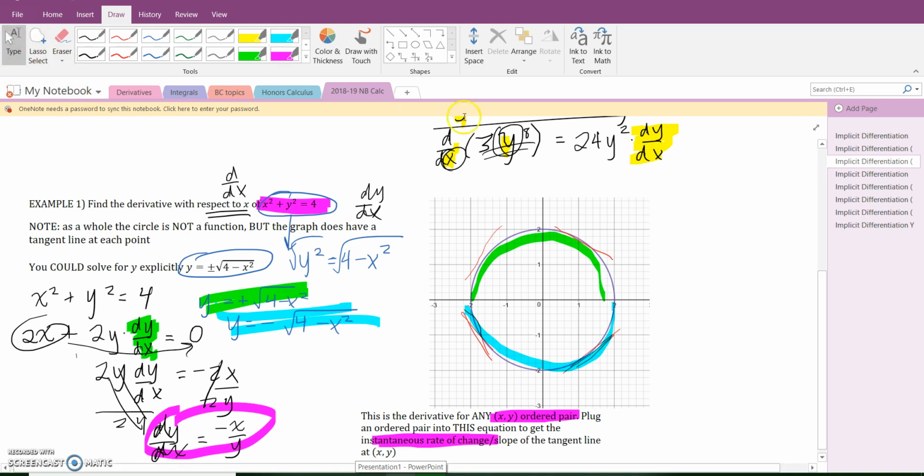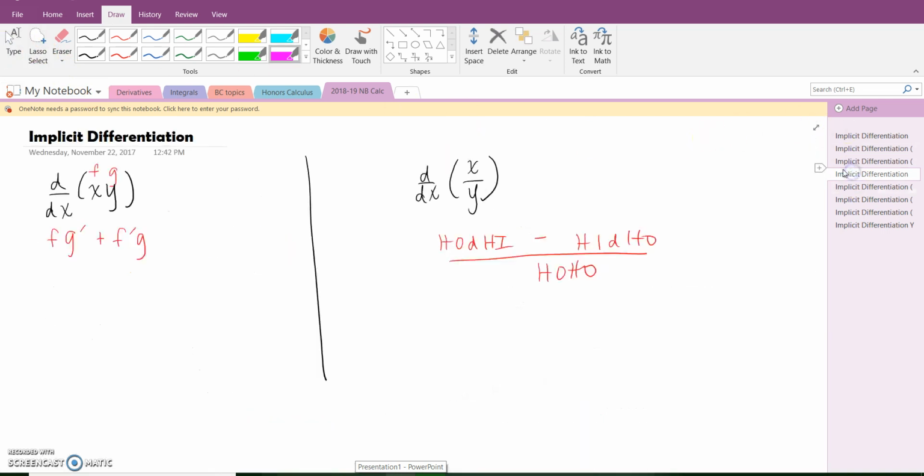All the same thing. To get to more complicated ones, we're going to have to talk about what would happen if I had x times y or x divided by y. So as soon as you've seen multiplication, you need to be thinking product rule, which is this right here. And it's still the normal product rule. It's just that we have to think about implicit differentiation. So we're doing the derivative with respect to x. So I'm going to do f g prime plus f prime g.